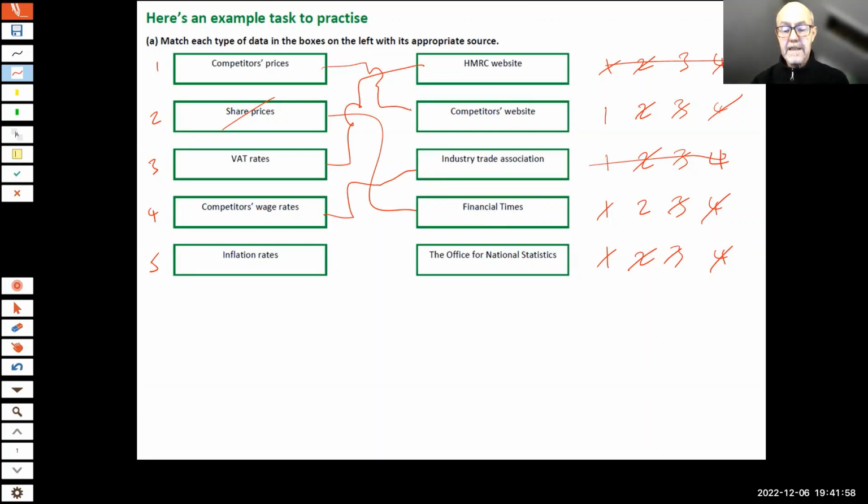It's the process. Industry Trade Association, in every sphere of activity, there tends to be a body that has the interest of that industry at heart. I mentioned earlier the SMMT, the Society of Motor Manufacturers and Traders, and they look out for the interests of people who make cars and who sell cars and look after cars, and they produce statistics for new car sales.